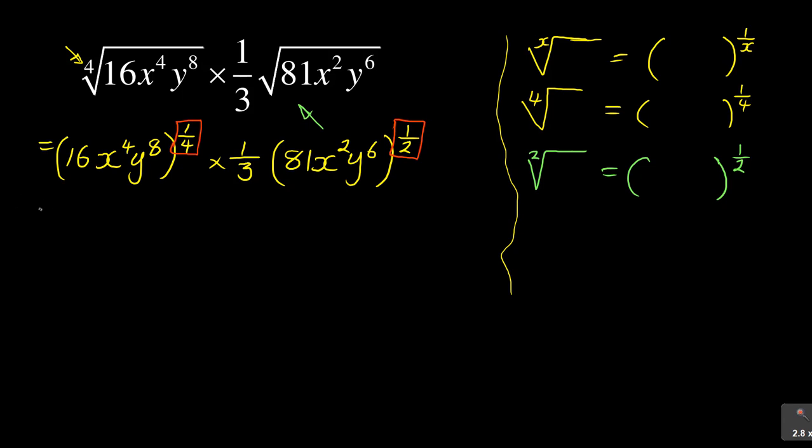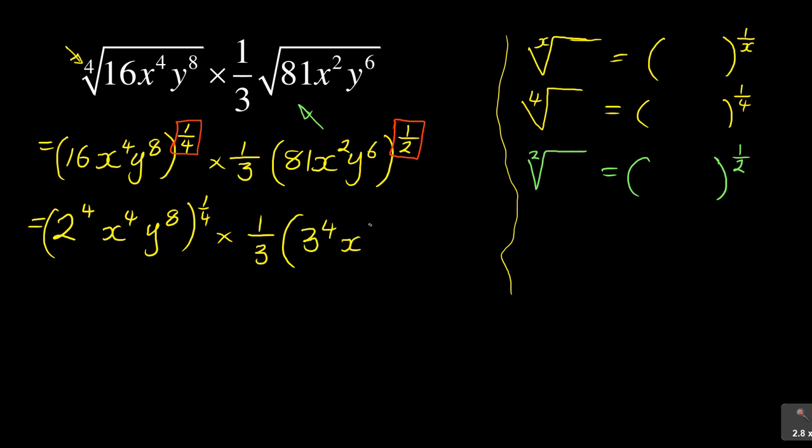So if I simplify that, in this particular case, what I'm going to have here will be, remember, 16 is 2 to the power of 4, x to the power of 4, y to the power of 8, and this is 1 over 4 times 1 over 3, and then I've got now 3 to the power of 4, x squared, y to the power of 6, 1 over 2.